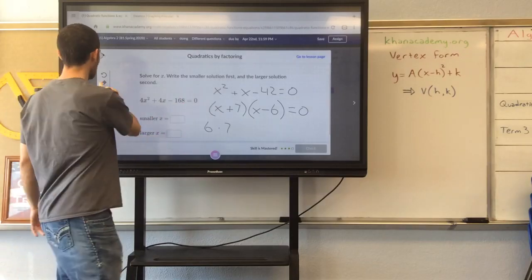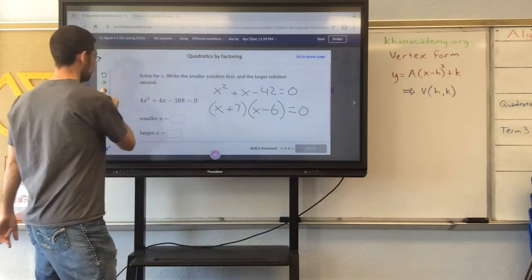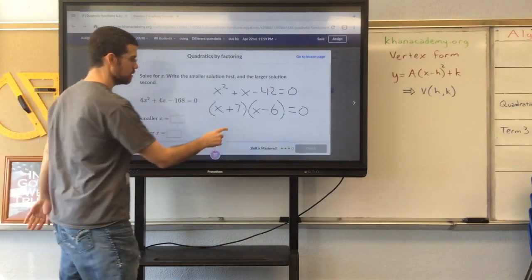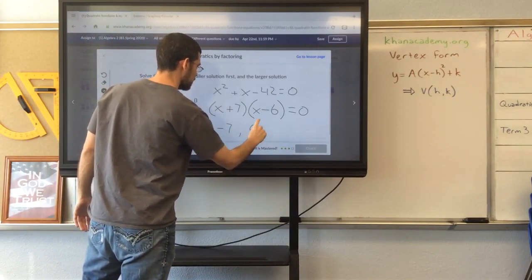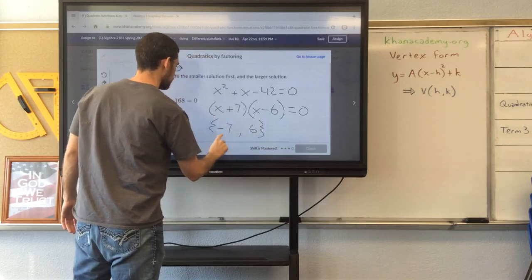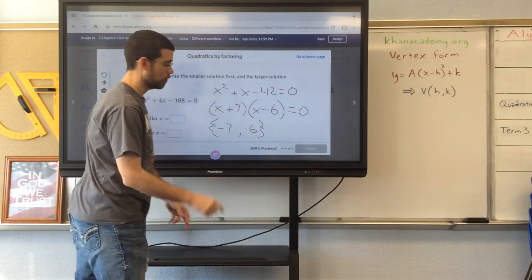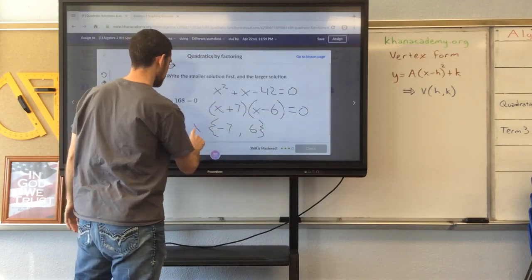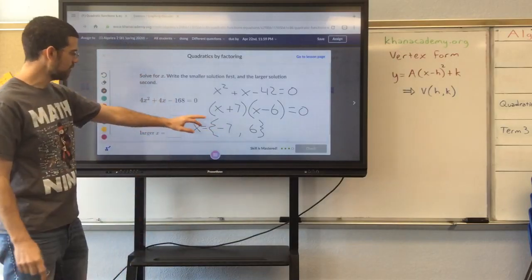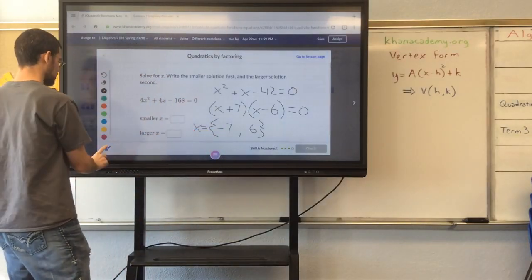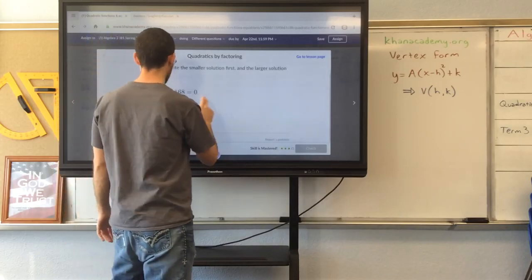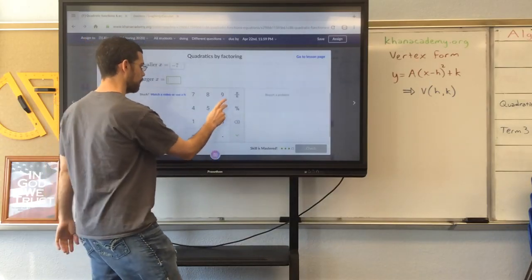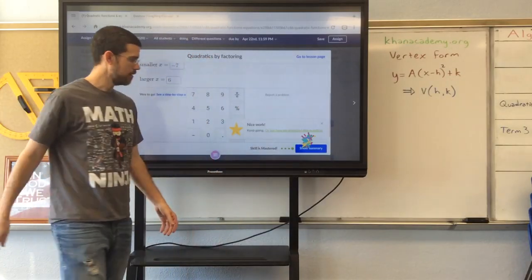And now, x would have to equal negative 7 or 6 to make this equation true. Negative 7 is smaller than positive 6, so we'll put negative 7 here, and we'll put 6 right here, and we're done.